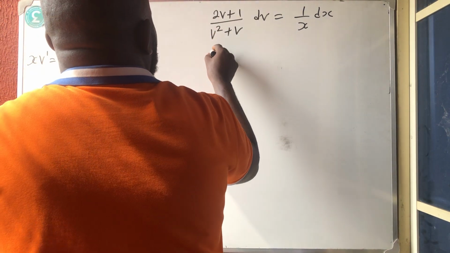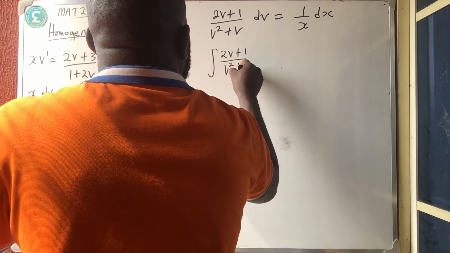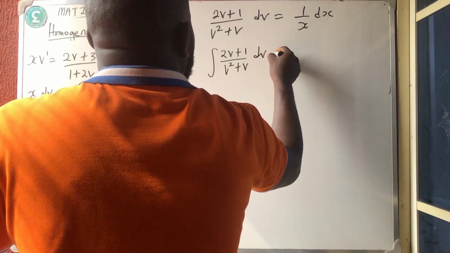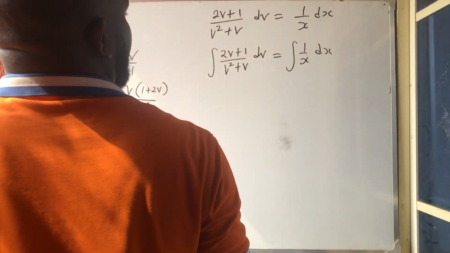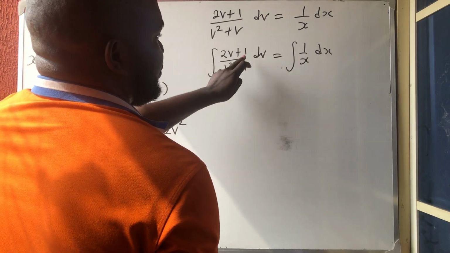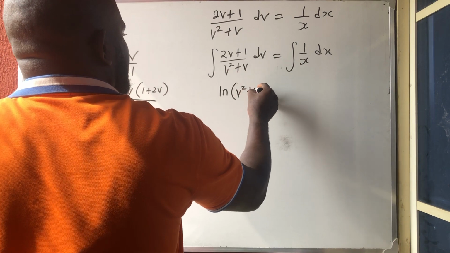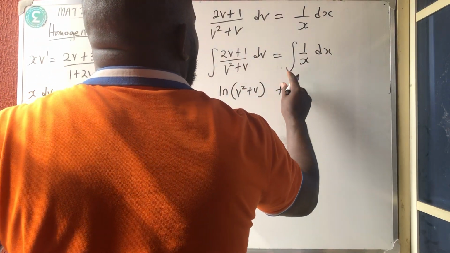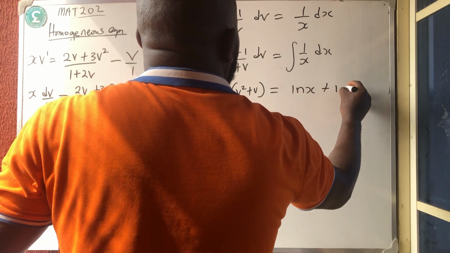So integrate. The integral of (2v + 1) over (v squared + v) dv is equal to the integral of 1 over x dx. Now if you look at this, if you differentiate the denominator, you already have the numerator 2v + 1. So we get ln of that denominator, v squared + v, is equal to ln x plus a constant, ln c.